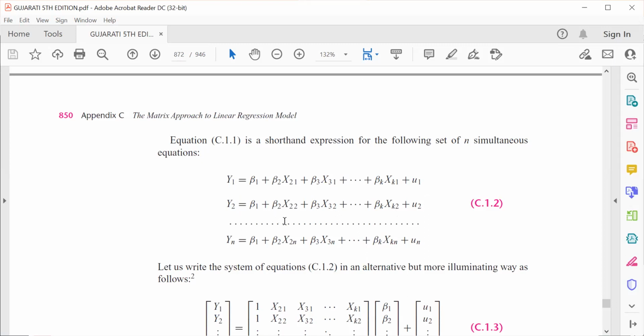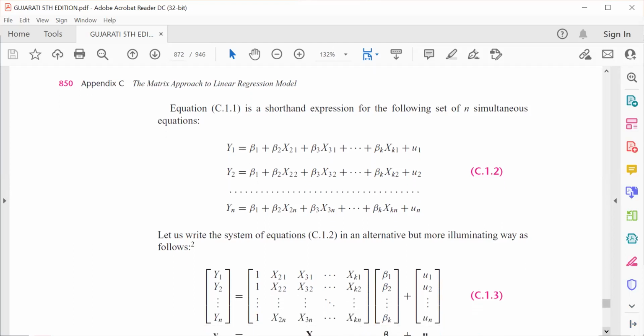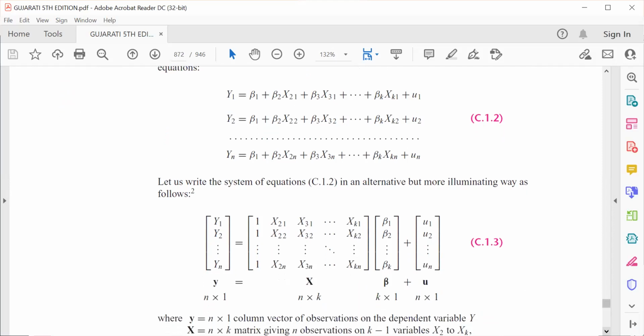And if we write down from the first sample until the last sample, we can write like this. Then we arrange this equation C12 into matrix notation as in C13. Here, y is an n by 1 column vector, and x is n by k. We have n samples and k explanatory variables. Beta is a column vector, k by 1, and the residual is n by 1.